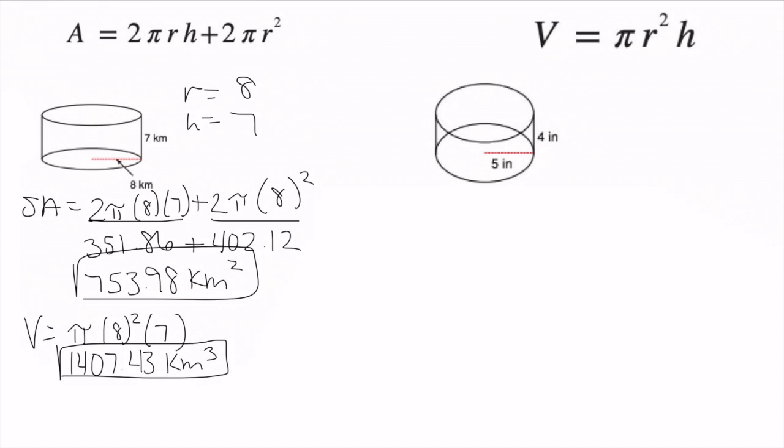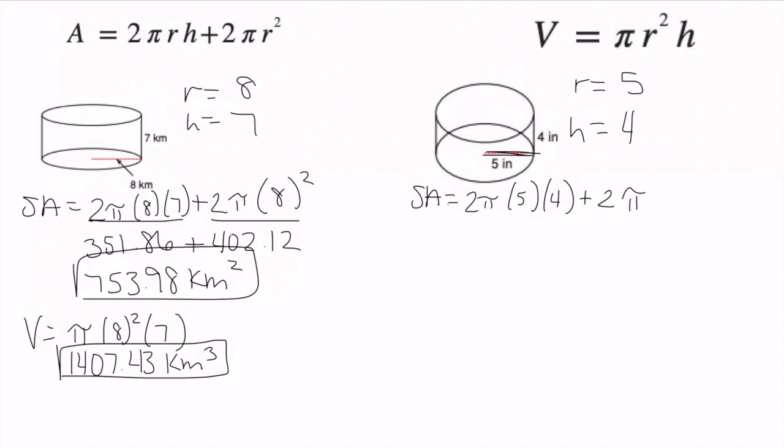All right, in this next one, we also need to identify our radius and our height. Our radius is right here. It's going to be 5 with a height of 4. So for surface area, we have 2 pi times 5 times 4 plus 2 pi times 5 squared.